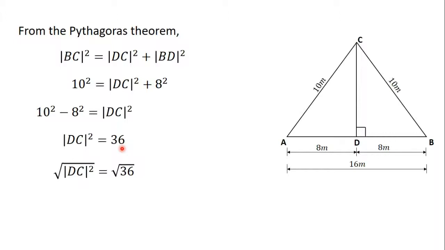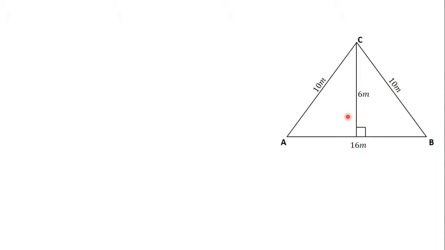You take the square root of both sides, and DC, which is the height of this triangle, is 6 meters. So now we know that the side AC is 10 meters, the side BC is 10 meters, the side AB, which is the base, is 16 meters, and the height of the triangle is 6 meters.